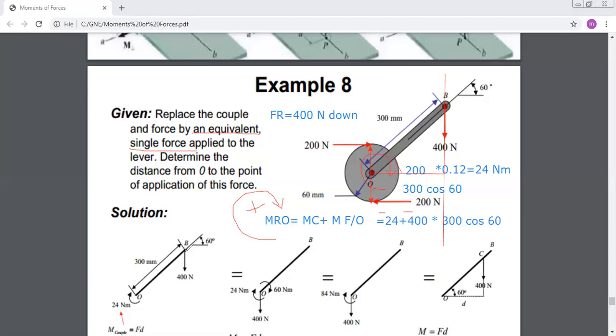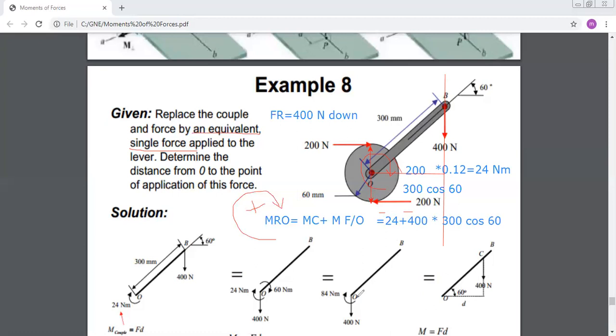I should displace my force on the lever in a way to create the same couple about O. Okay, because they said we want to find the one force acting on the lever and giving us the same equivalent system. Okay, so what will we do here? We should displace the force in a way to create the same couple about O.